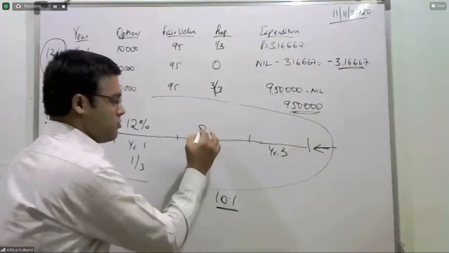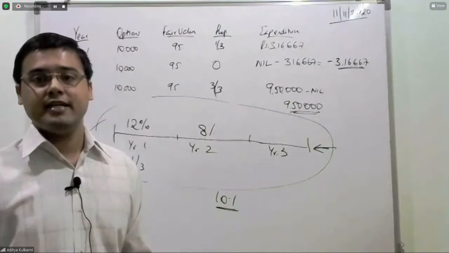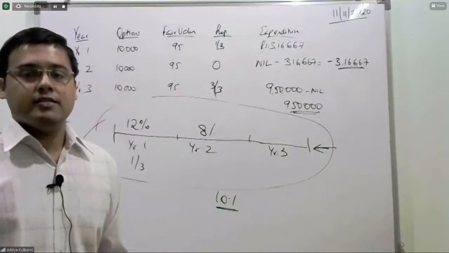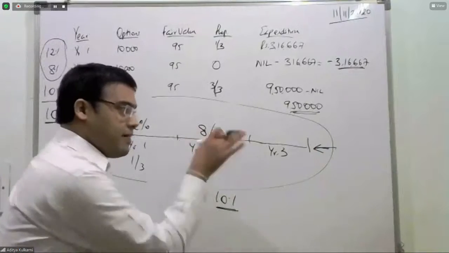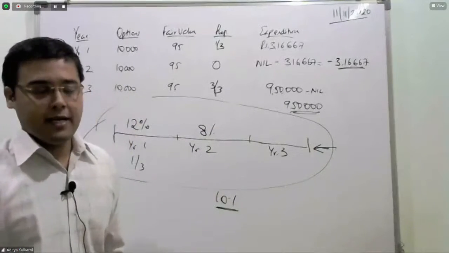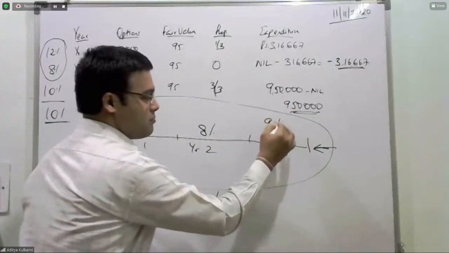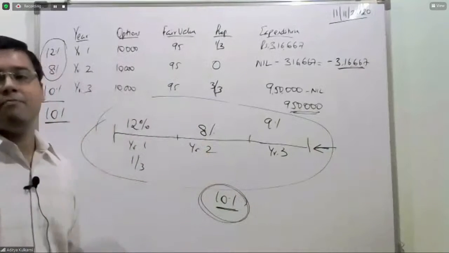In year 2, I got 8%. So what the management is saying, second year it has become 8%. That means third year, it may remain below 10% only. See, anything below 10%, for example, if it comes to 9%, have I met this requirement of 10% average?